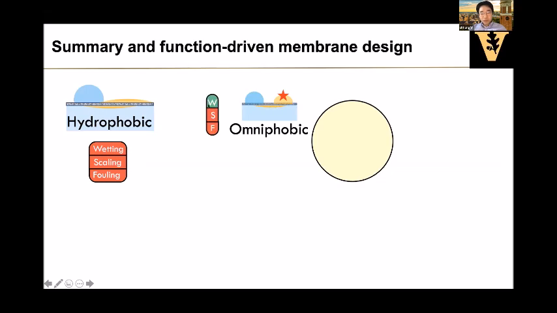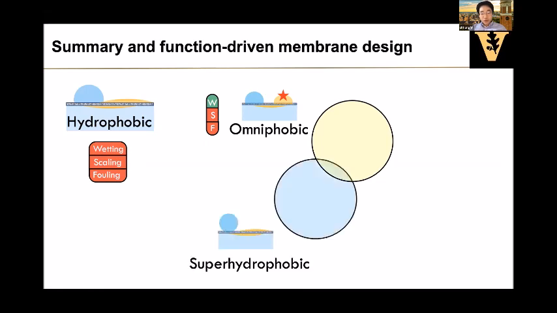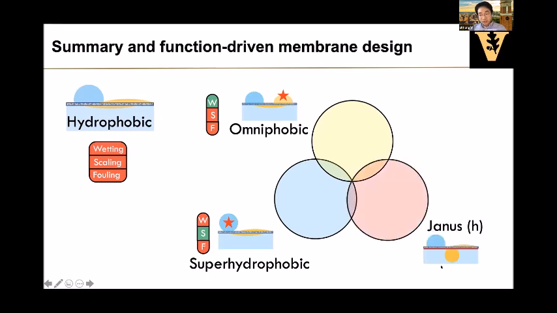So it's good for wetting resistance, but not for the other two, scaling and fouling resistance. Super hydrophobic membrane is good for scaling resistance, but not for wetting or fouling resistance. Janus membrane with a hydrophobic substrate is good for fouling resistance, but not for wetting and scaling resistance.